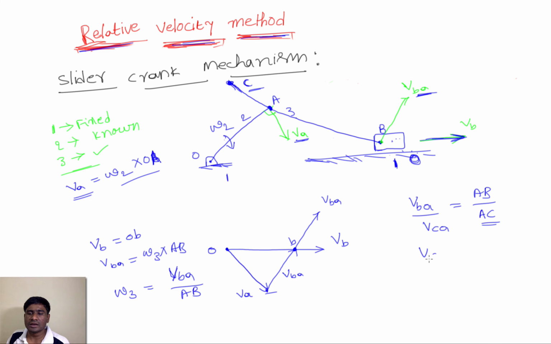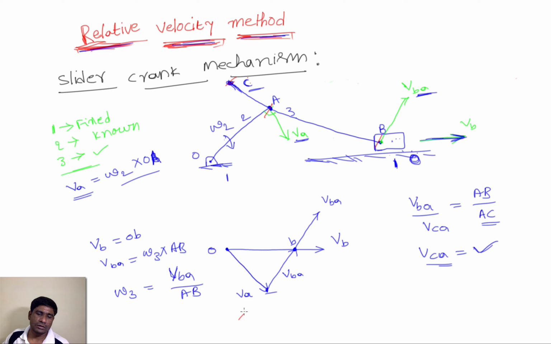From this we can calculate VCA from this equation, and in this diagram this is VBA, and this CA should be drawn from point A. But in which direction is CA? Is this CA here, or should it come outside? It should come outside, because C is not between points A and B, but instead it is on the extended line.